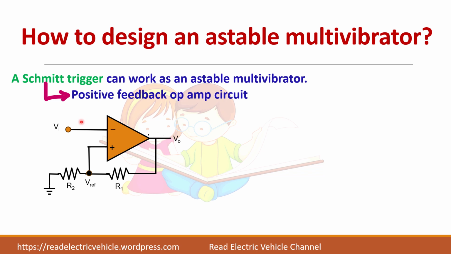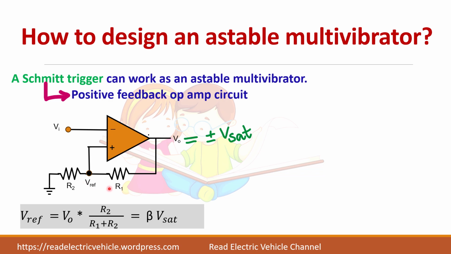Here a Schmitt trigger is basically a comparator circuit, so this input voltage will always be compared with this reference voltage. The output is always plus or minus Vsat, and if it is plus Vsat, the reference voltage is beta Vsat, because the reference value is given by V0 into R2 divided by R1 plus R2.